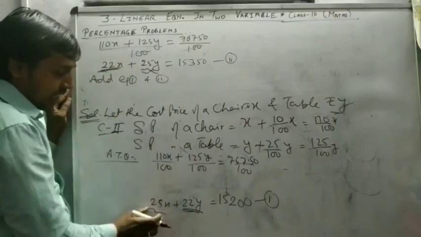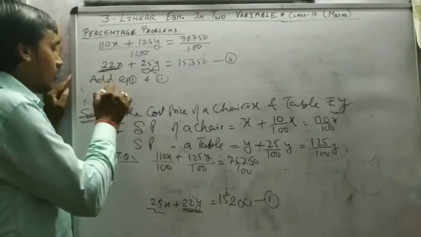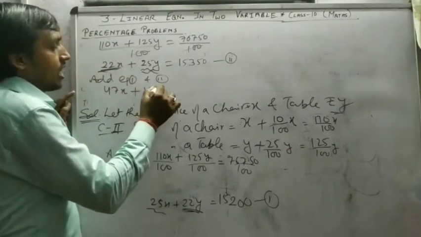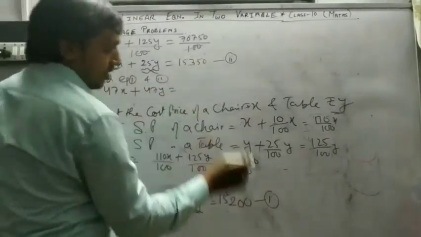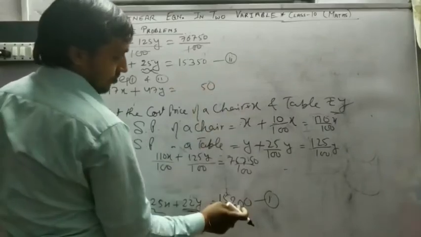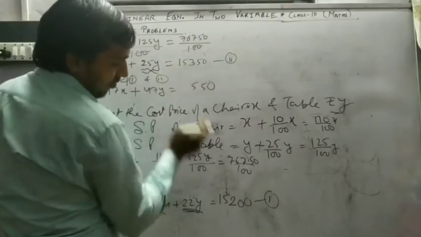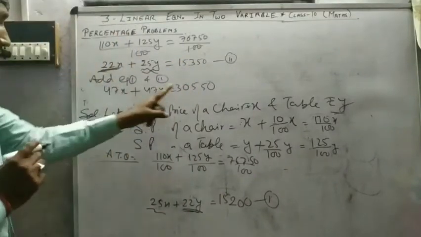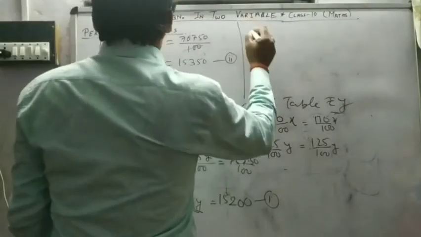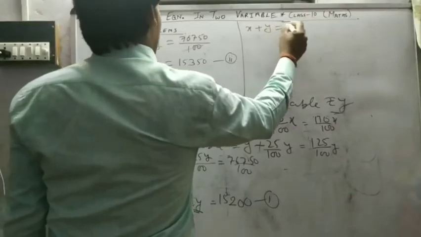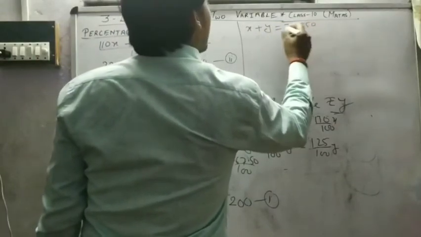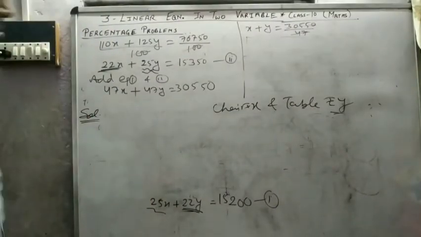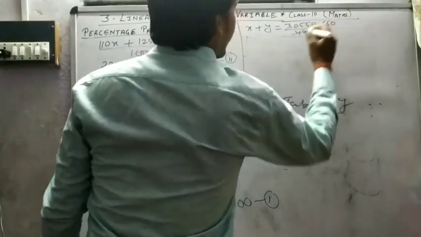When you add them, 22x plus 25x is 47x, 25y plus 22y is 47y, and 15200 plus 15350 is 30550. So x plus y is equal to 30550 by 47, cancel out, you get 650.